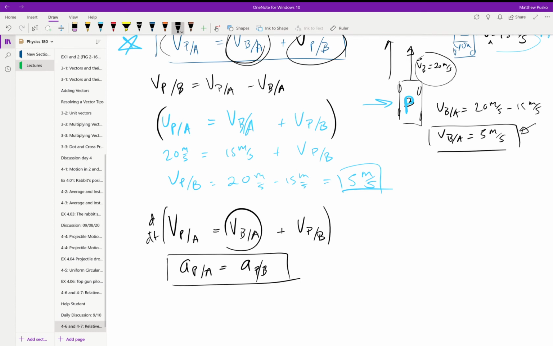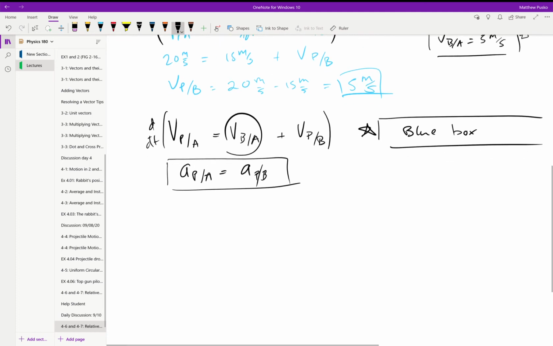but basically, and there's a little star in your book with a little blue box. I really recommend you digest this box as much as possible. It's only one sentence, but I guess I can write it.